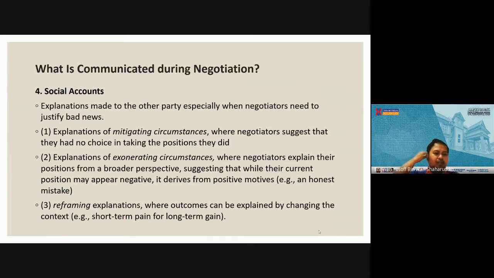Number three, reframing explanation, whereby outcomes can be explained by changing the context. For example, why do you have to change from short term to long term gain? Why do you have to explain that this particular project will take a longer time to be completed, and so on?